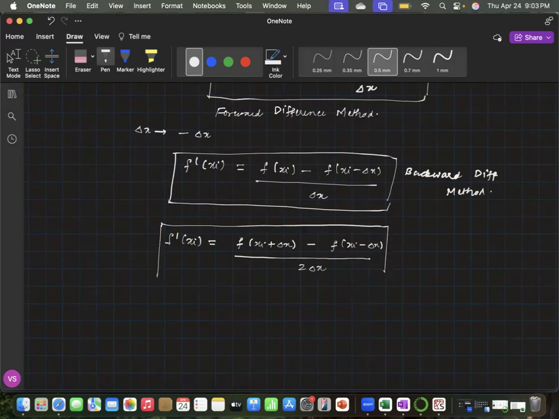And therefore, the point where we evaluate the derivative uses points ahead and behind it. So basically, the point is at the center. So this is known as a center difference formula, or a central difference formula.